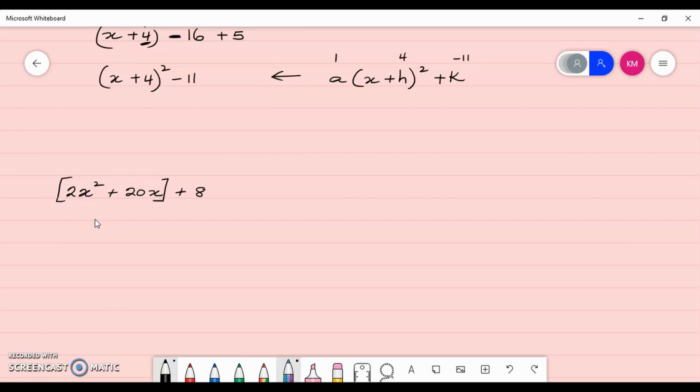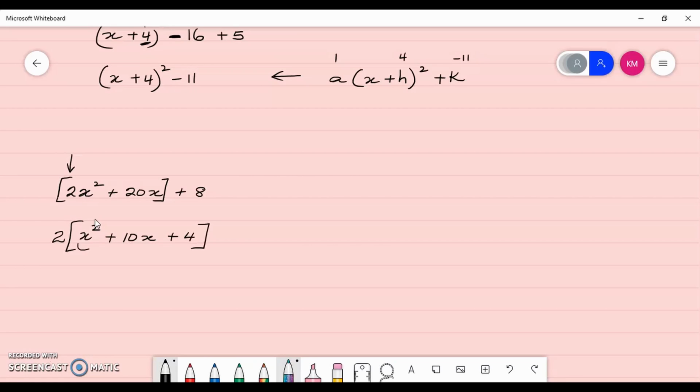What you can do, or what needs to be done actually, is to factor out that coefficient. So we divide the entire expression by 2. So we get 2x squared plus 10x plus 4.